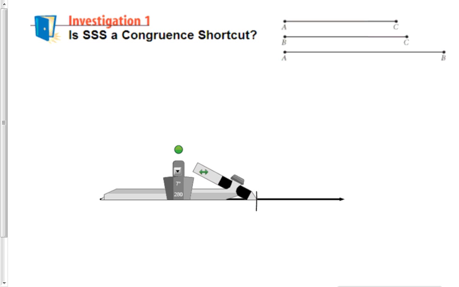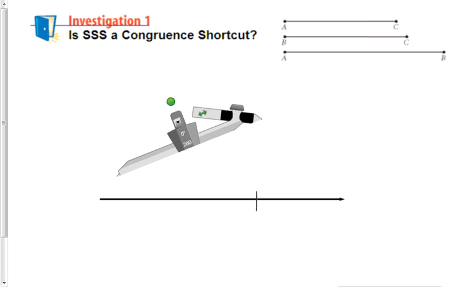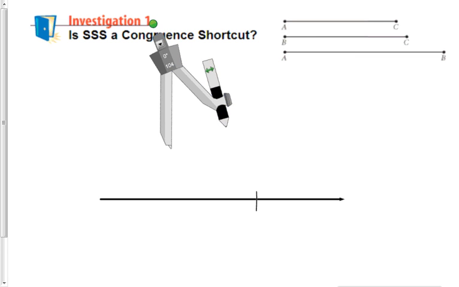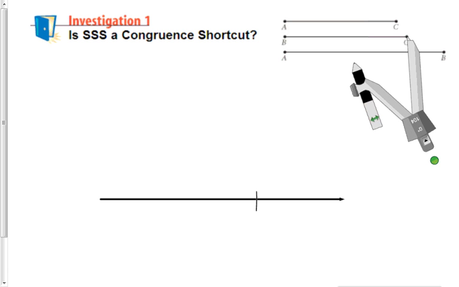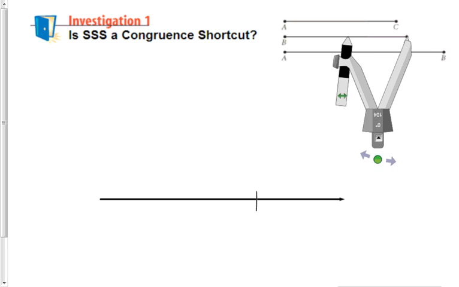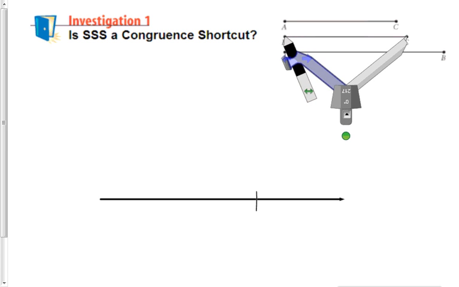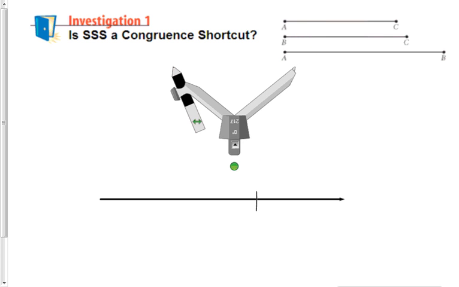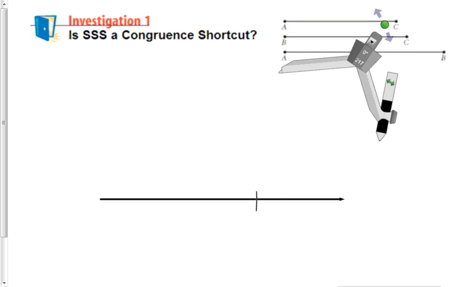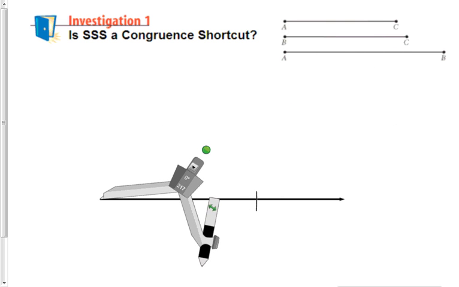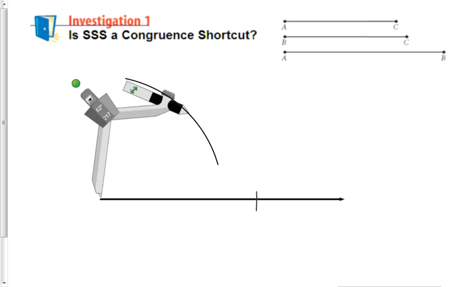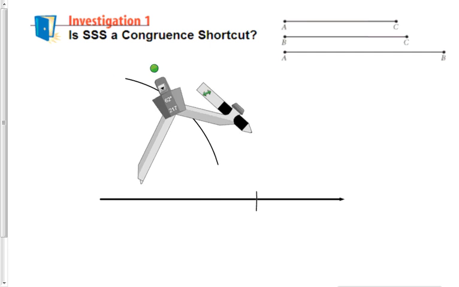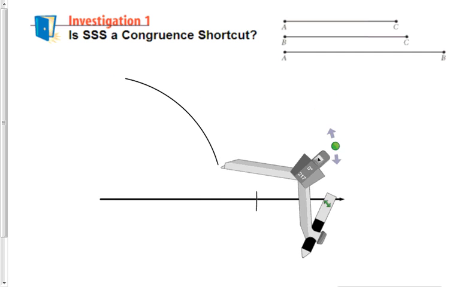Now, let me measure BC. Okay, BC. I'm going to put my compass on this end point again. And I'm going to strike a nice big arc BC, because next I'm going to measure AC.